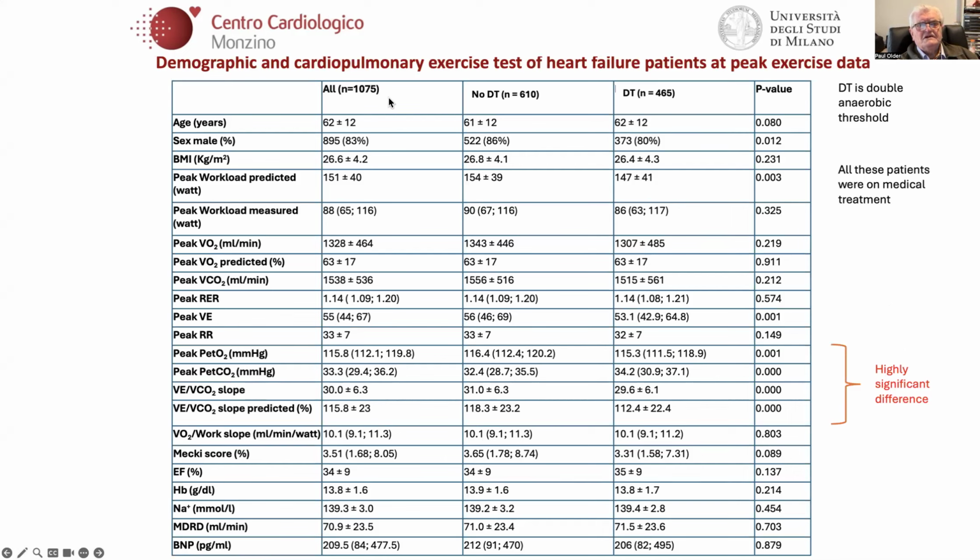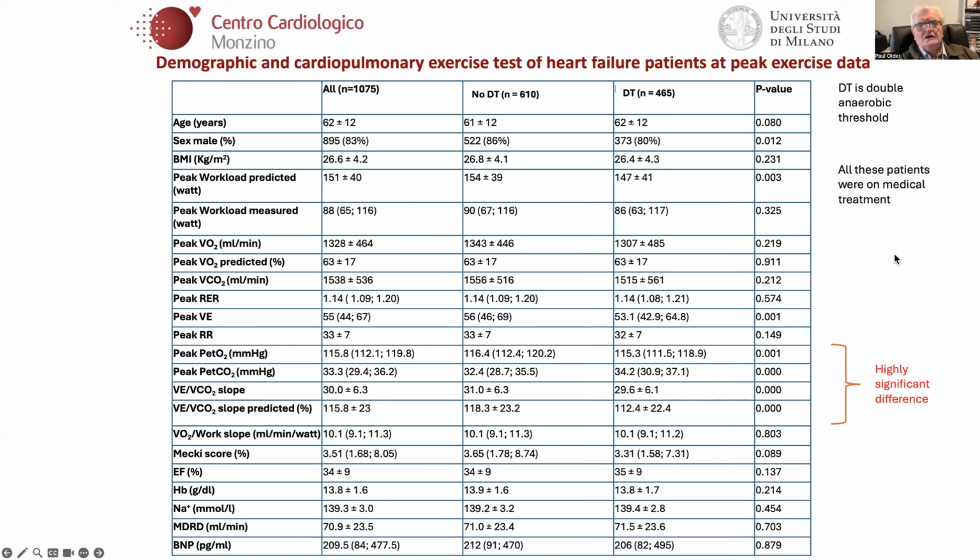And here we can see that all these patients, 1,075, no double threshold, 610, double threshold in 465. All these patients were on some form of medical treatment. Notice these figures are highly significant. Most of the others are not.